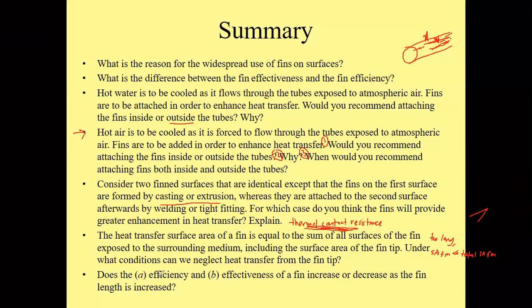Okay, does efficiency and effectiveness of a fin increase or decrease when the fin length is increased?